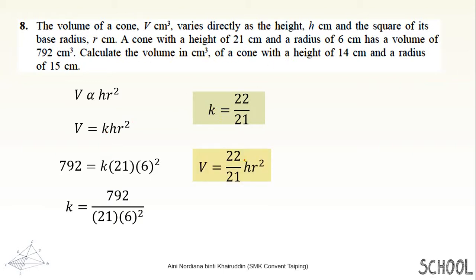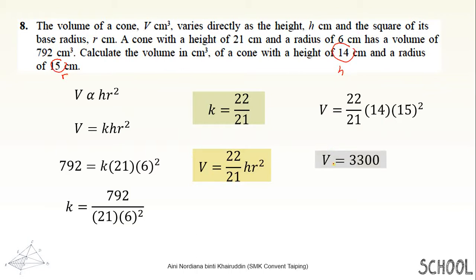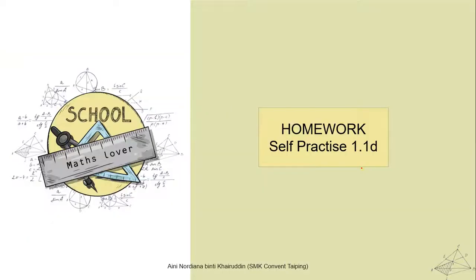So substitute the value of H and R. So this is the value of H. This is the value of R into this formula. So you get the value of V, 3300 cm cubed. So we have done our homework, self-practice 1.1.